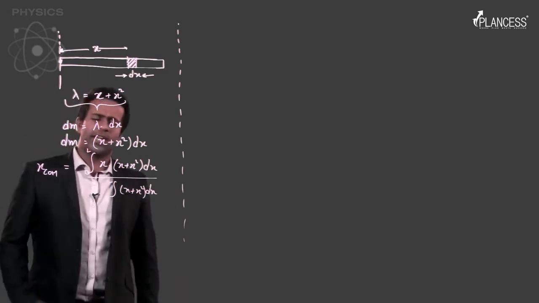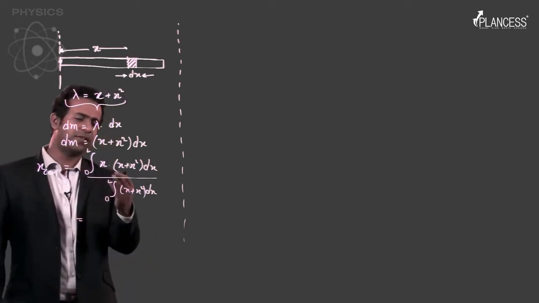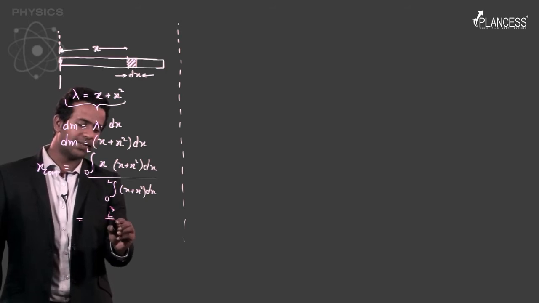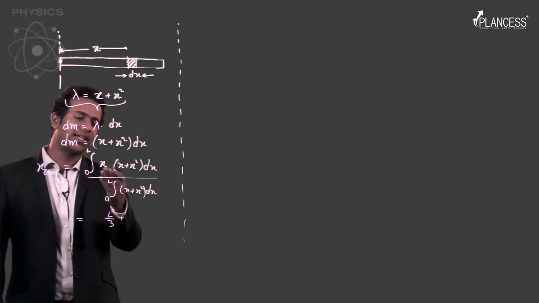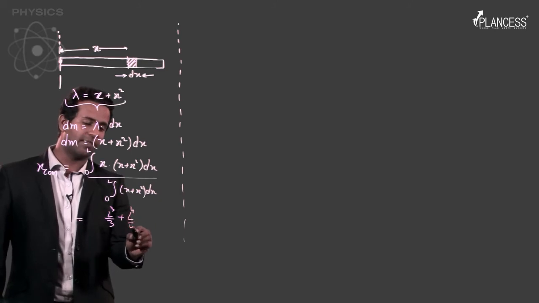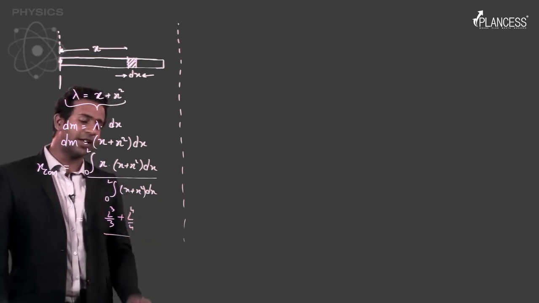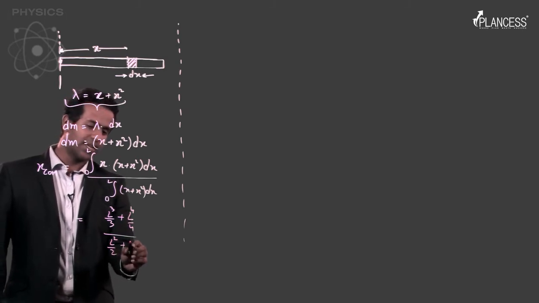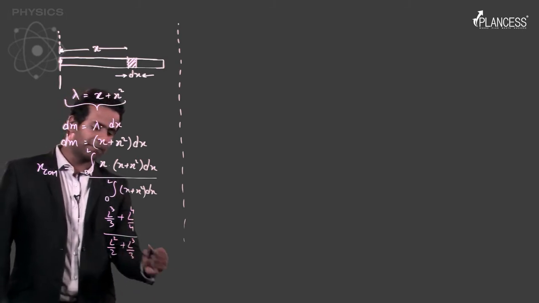The integration is fairly simple. The first term becomes x square, so that will yield you L cube by 3, plus this term is x cube, so that will yield you L raised to 4 by 4. Similarly, in the denominator, you'd have L square by 2 plus L cube by 3.